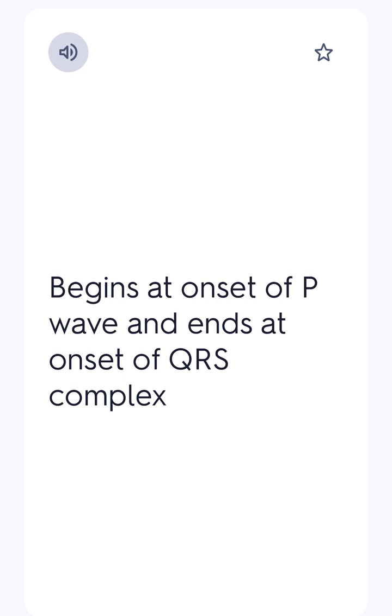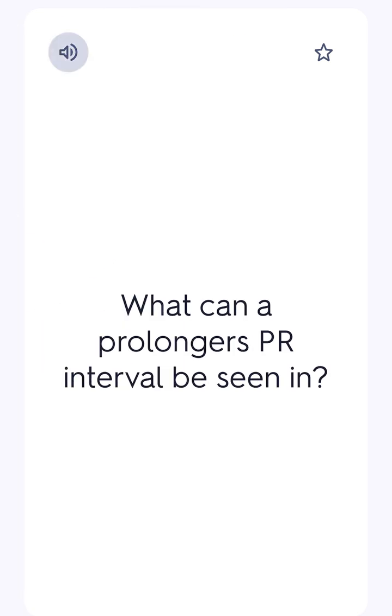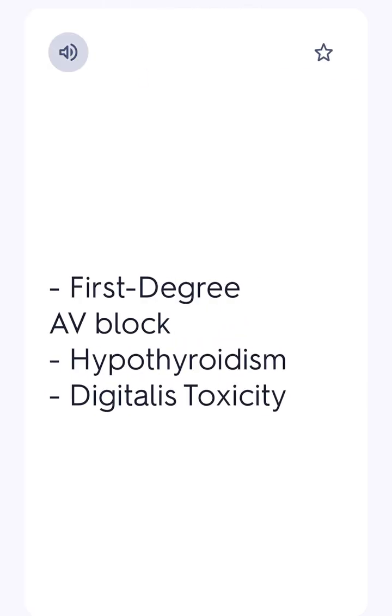Begins at onset of P wave and ends at onset of QRS complex. What can a prolonged PR interval be seen in? First-degree AV block, hypothyroidism, digitalis toxicity.